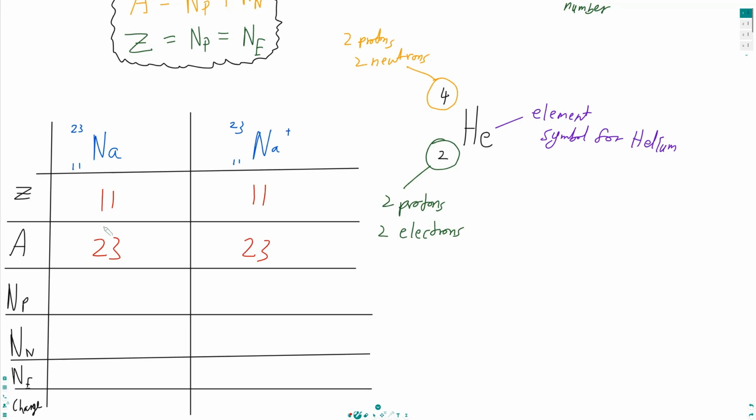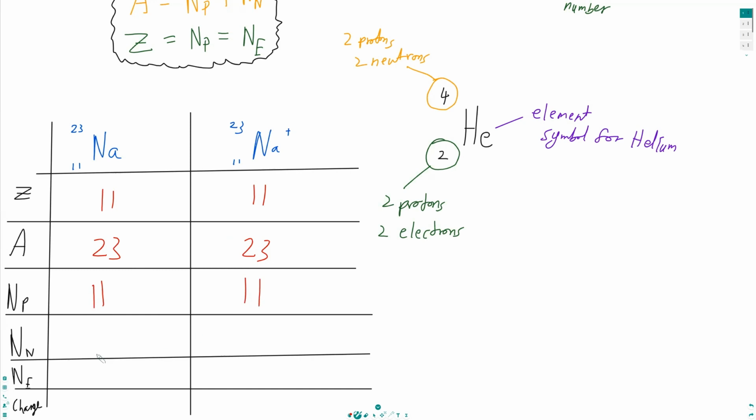So from that atomic number, we can see that there are 11 protons in the atom of sodium and 11 protons in the charged ion of sodium.